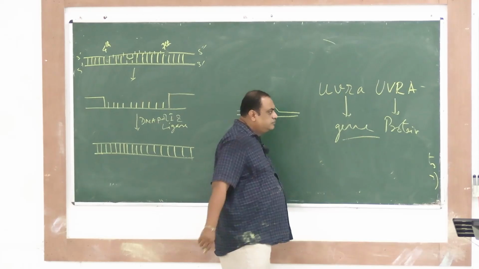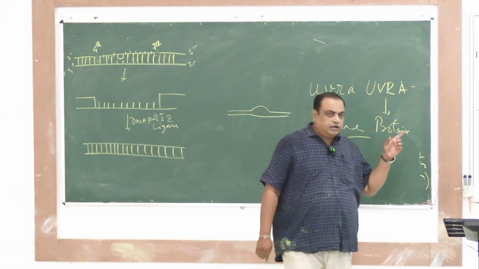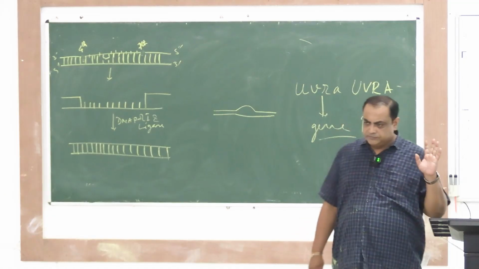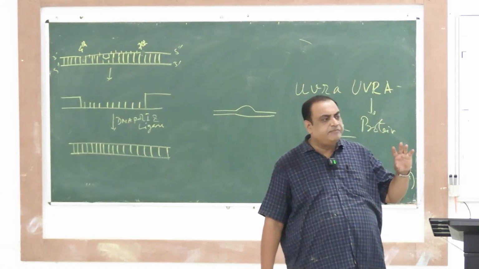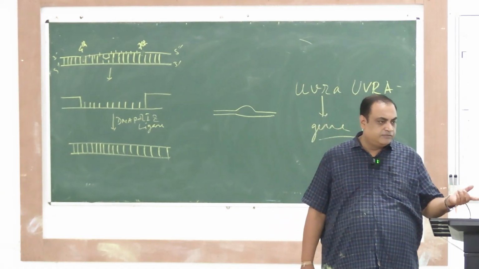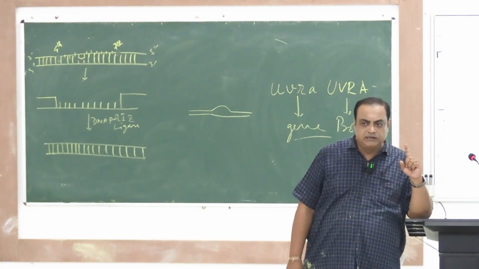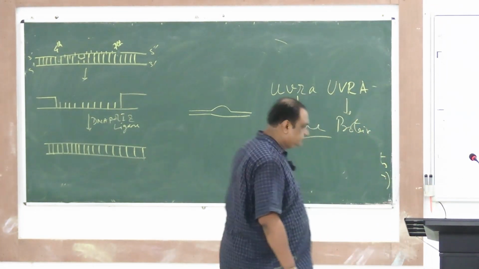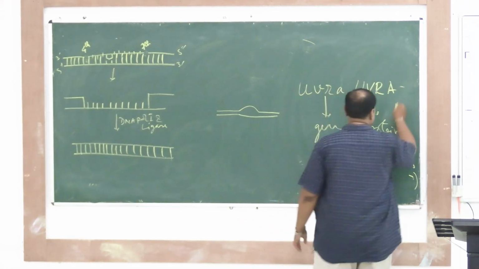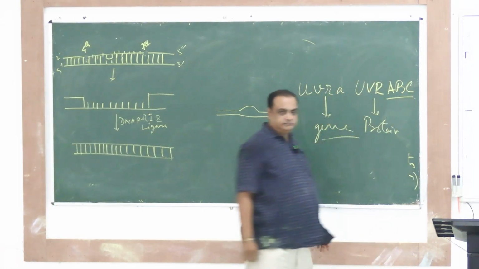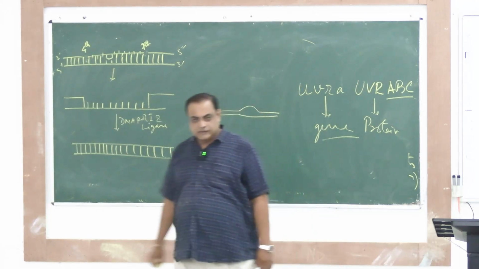So, uvrABC genes are activated. They produce uvrABC product. There are 3 genes, but the product is 1. Right?